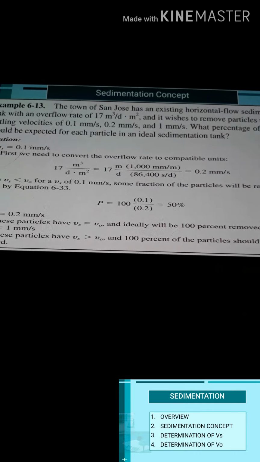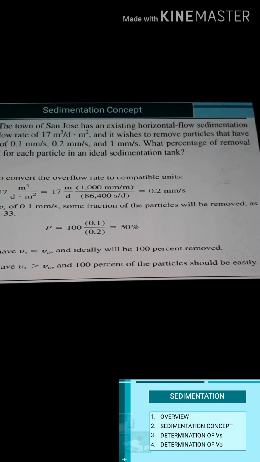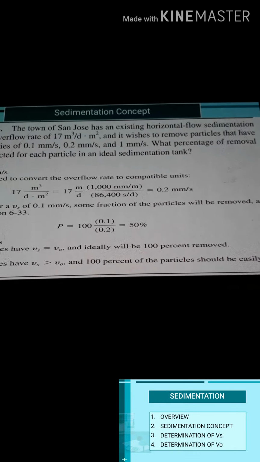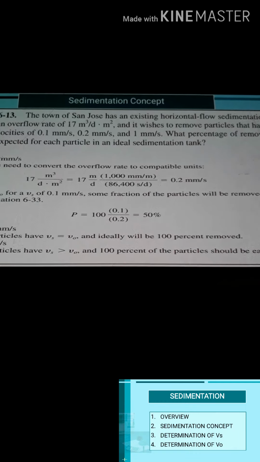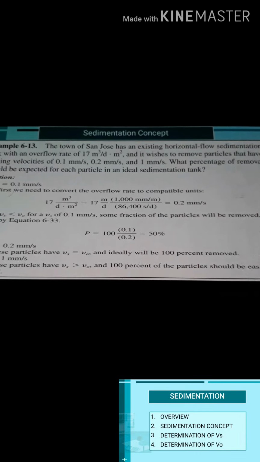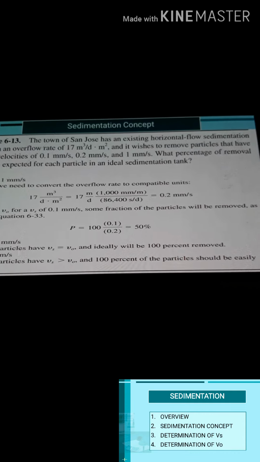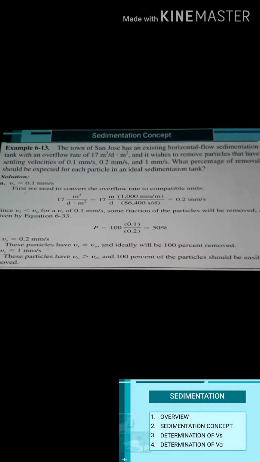Since we have the Vs, and that is 0.1, we just put it in the upper part, and our Vo, as you can see after converting, is 0.2. Just put it in the lower part and then calculate, and that will lead us to 50, which means that we have 50% removal, or 50% of the particles will be removed.